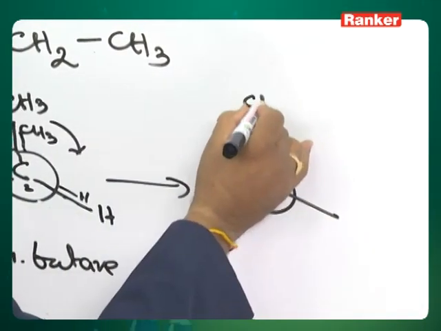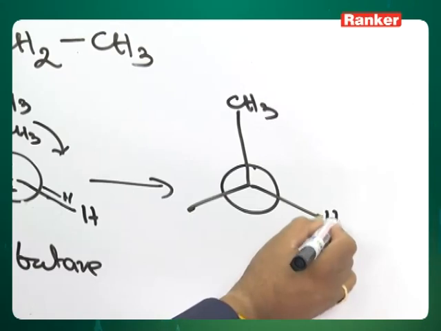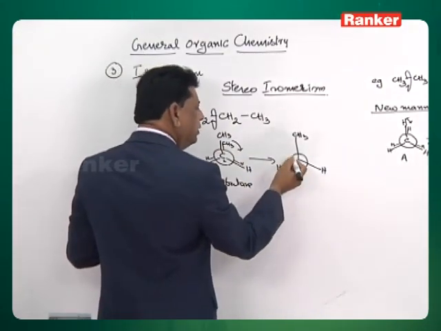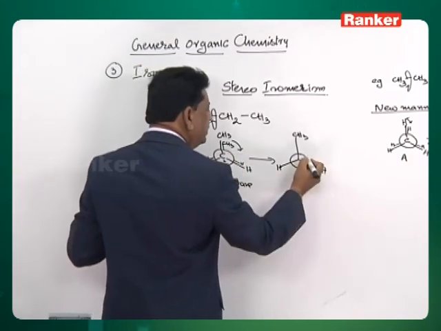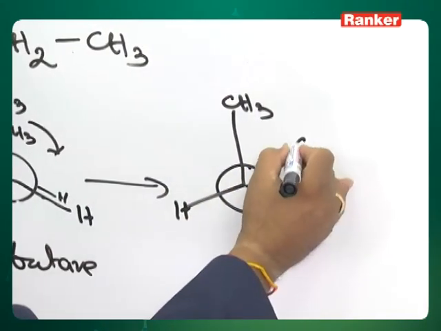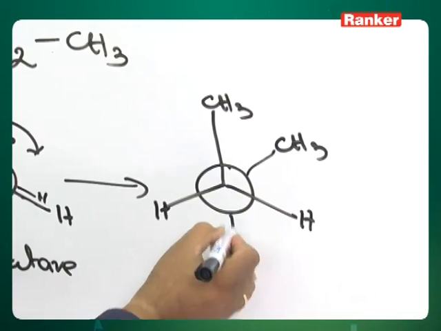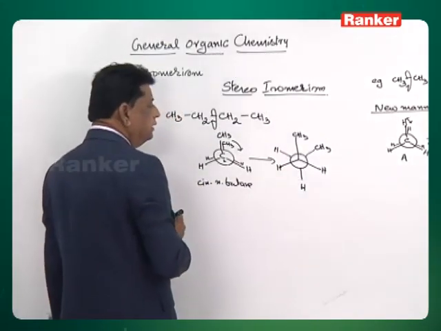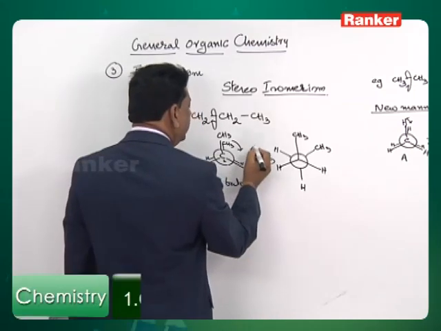So this methyl is as it is, but the second-third carbon axis I rotated. So the methyl group comes opposite to this. One methyl has come here. There is one hydrogen, there is one hydrogen. Okay, so this is a 60 degree rotation.